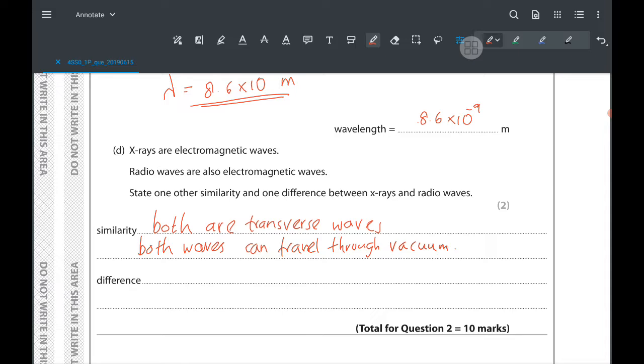But when it is moving in other mediums, it changes a little bit. So you have to mention that in a vacuum, when it is traveling, it travels at the speed of light.